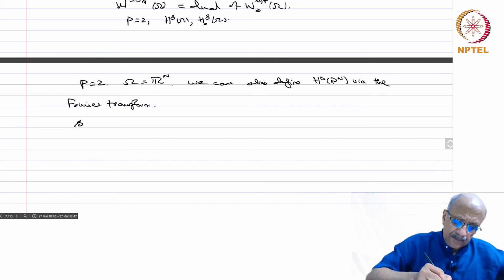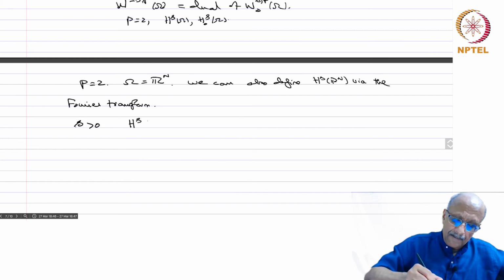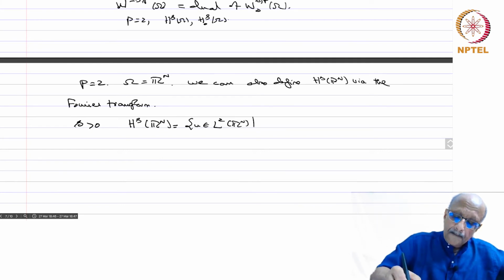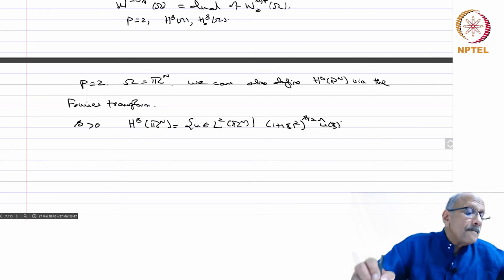So for s positive, we define H^s(R^n) equals the set of all u in L^2(R^n) such that (1 + |ξ|^2)^{s/2} û(ξ) belongs to L^2(R^n).